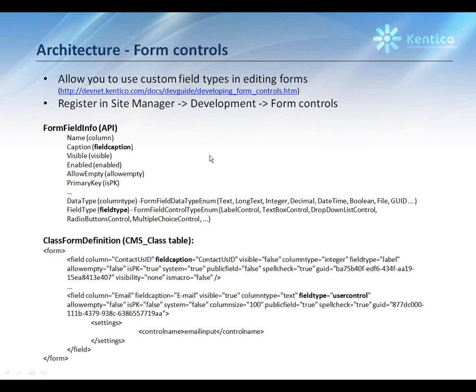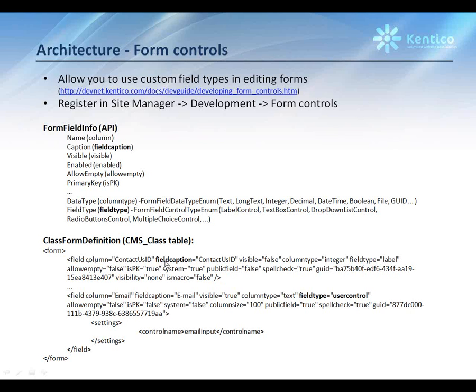Okay, so in order to understand how the form controls work in Kentico CMS, we need to move back to the form definition. As I mentioned, the form definition is stored in the CMS_class table, and it's an XML structure. For each of the fields, there is a field element with some attributes.